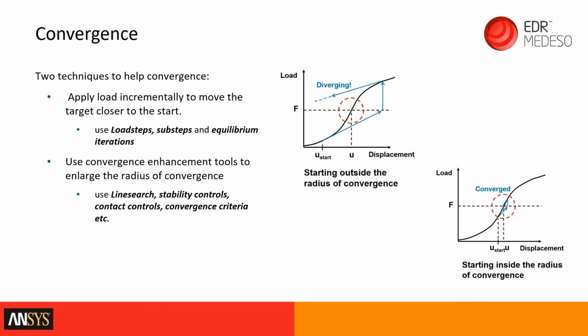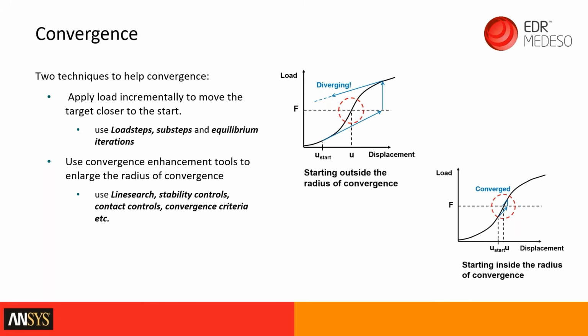So we can define 10 substeps, and Ansys by default will ramp that load on at 100 newtons at a time. Again, in terms of being computationally expensive, instead of applying the load in one load step, we're applying it in 10 in this example.